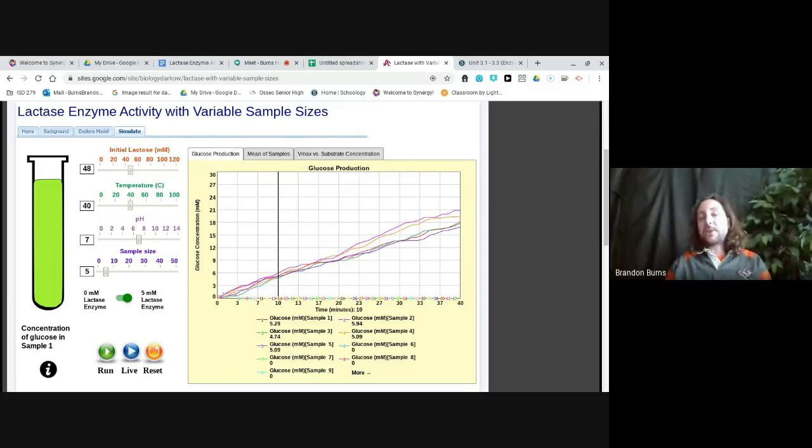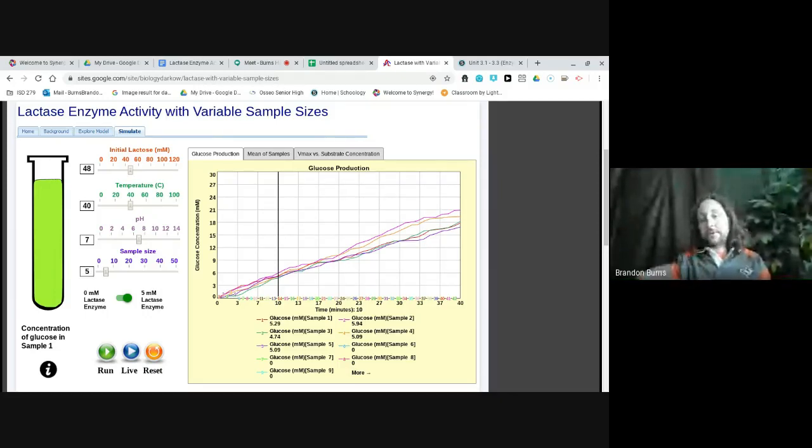But that's how much glucose there is after 10 minutes, and I want to know the per minute rate of reaction. So the math's easy. I just divide that number by 10, and that will tell me on average over the first 10 minutes how much lactose was getting turned into glucose by the enzyme lactase, right? So it's the reaction rate.